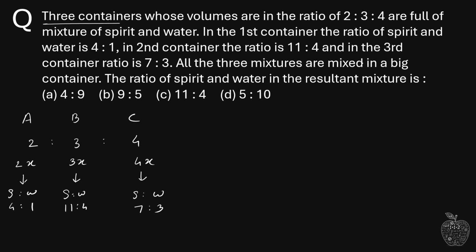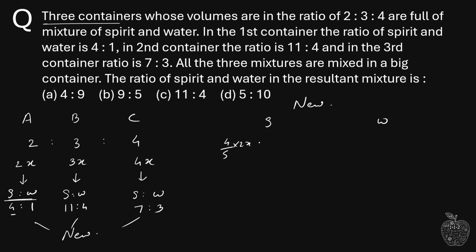All the three mixtures are mixed in a big container. So all the three are now mixed in a new bigger container. In here, let's first find out how much spirit is there and how much water is there. Here in A, 4 parts is spirit out of the total 5 parts of this 2x.